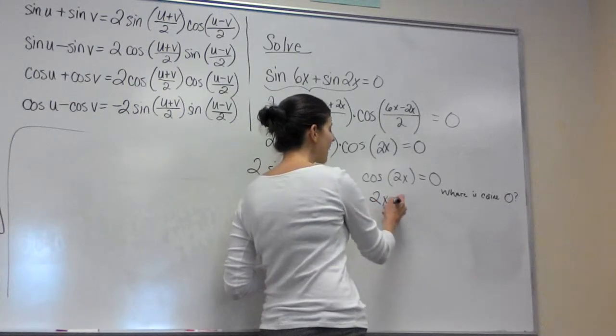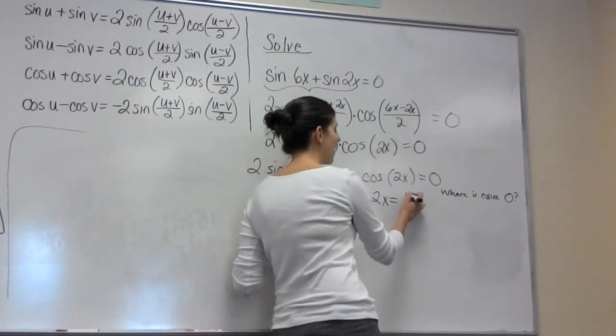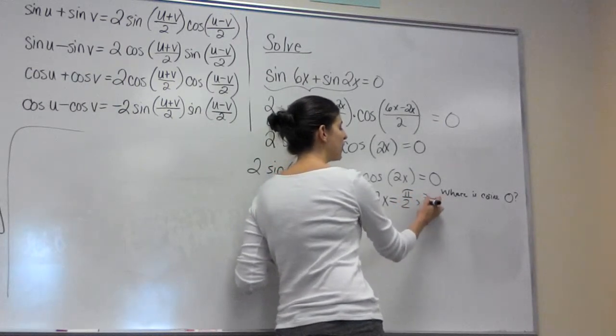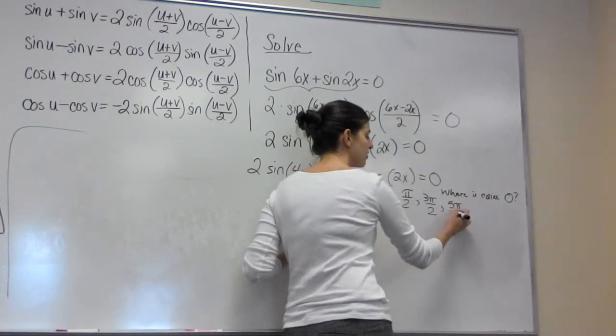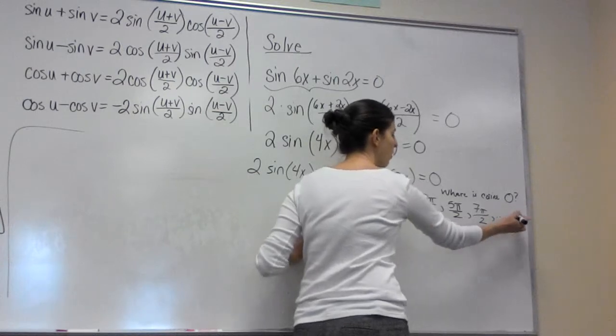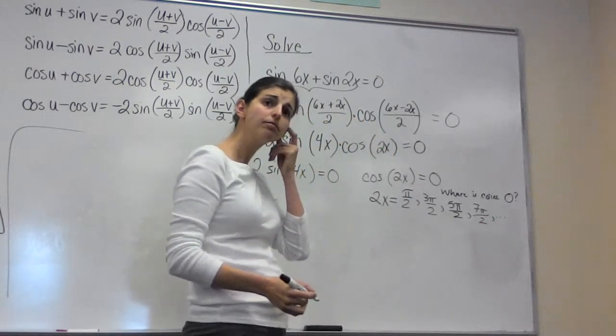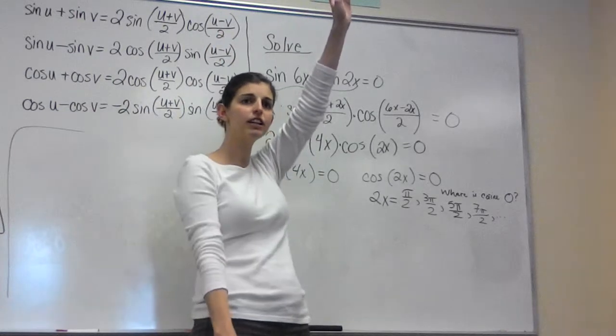So 2x, my angles, are equal to pi over 2, 3 pi over 2, 5 pi over 2, 7 pi over 2, and it would keep going at odd half angle intervals.